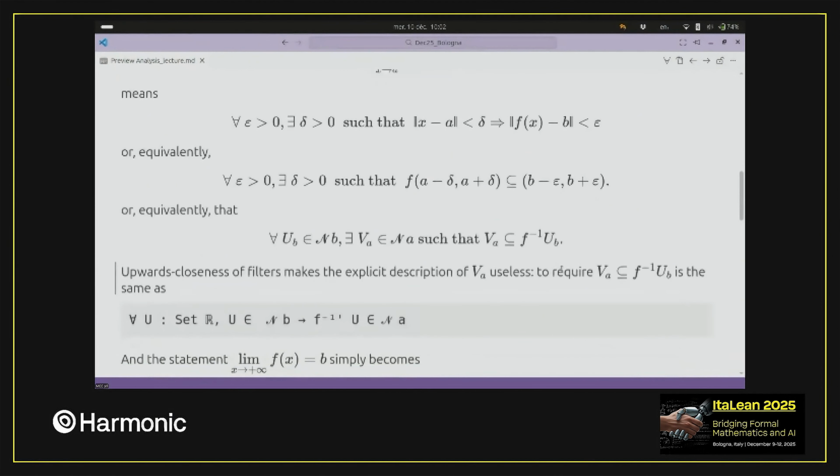And now you can try to be slightly fancier. What is the ball of radius epsilon around b? Well, this is a neighborhood of b, as we've said, because it's an open set containing b. And likewise, this thing here is a neighborhood of a. It's an open set containing a.